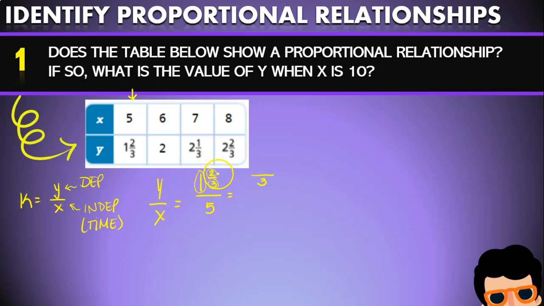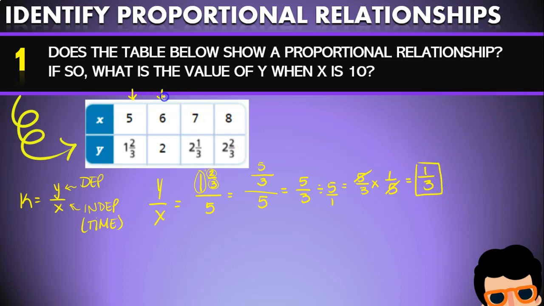So 3 times 1 plus 2. 3 times 1 is 3, plus 2 is 5, and that is going to be divided by 3. So 5/3 divided by 5 is going to be 5/3 times 1/5. Why? Because here we have an invisible 1. And then the 5 and the 5 cancel and we have 1/3. And that is going to be the k for the first column.